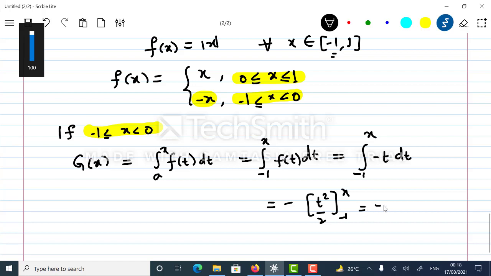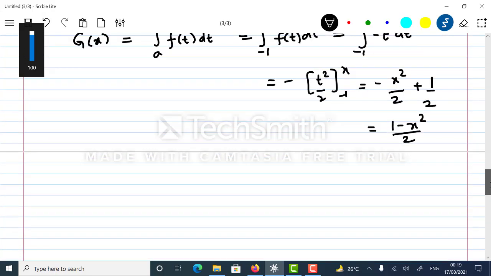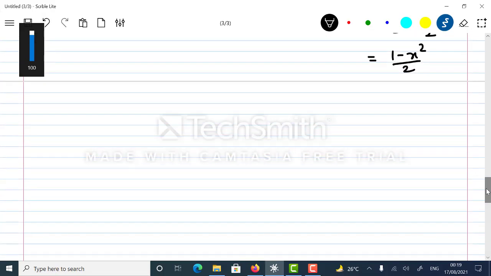It is minus x square by 2 plus 1 by 2. So what I got is as follows: 1 minus x square divided by 2. Right. So let me explore the other case.